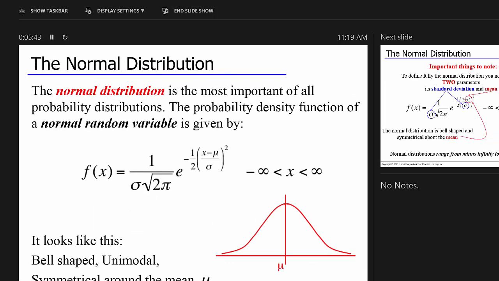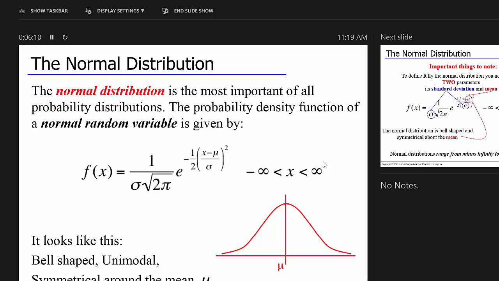So here is the celebrity in the world of statistics, the normal distribution. Here is the chart of the normal distribution, a schematic representation. You can see that first of all, it's a symmetric distribution, right? The right side and left side look like a near reflection of each other. It's unimodal, there is only one peak, and it goes to 0, or very, very close to 0, on minus and plus infinity.